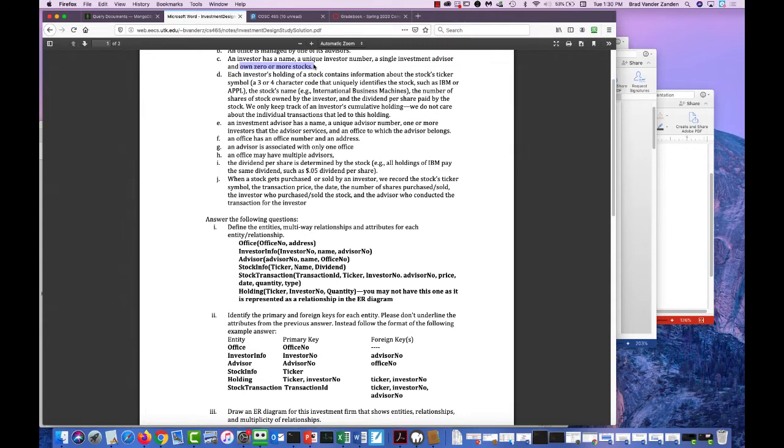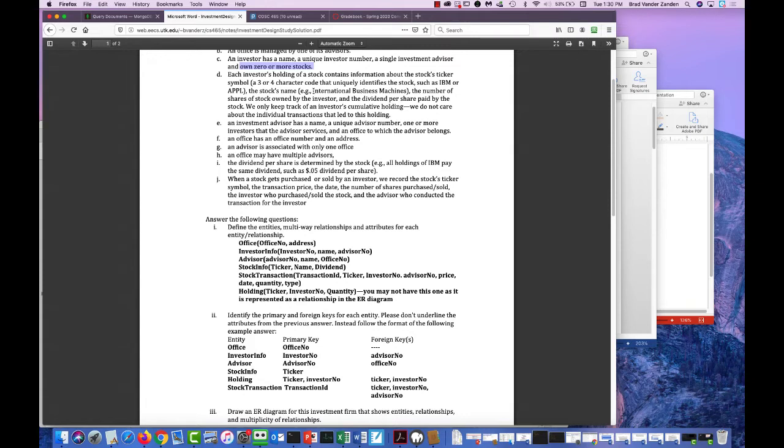What about a stock? How many investors may it be owned by? That's not definitively said here, but you probably could infer that the same stock might be owned by multiple investors.